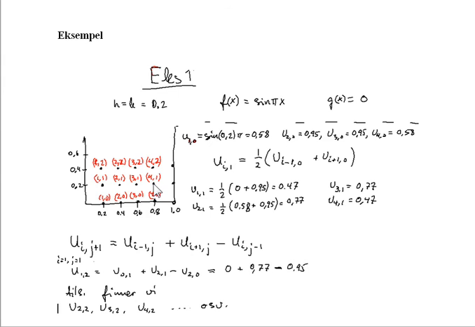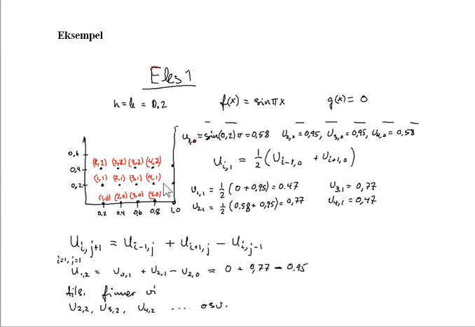And finally, this value in this point is given by the value in this point plus this point divided by 2. So now we know all the values in the nodes in this row.